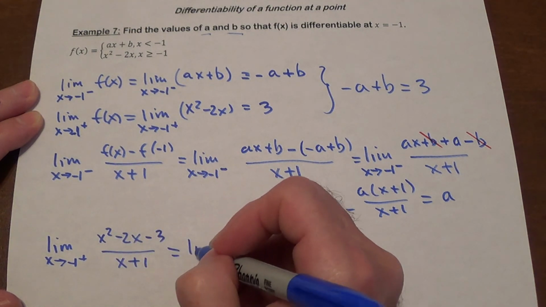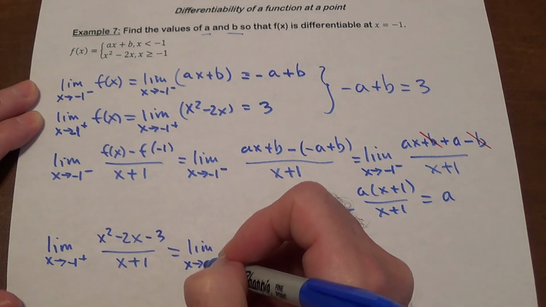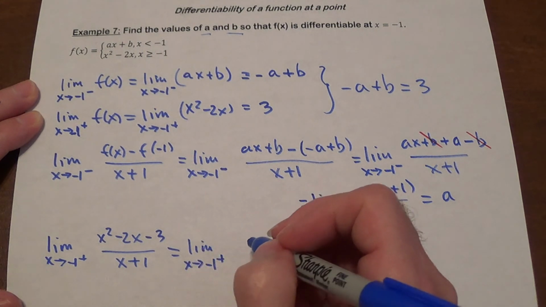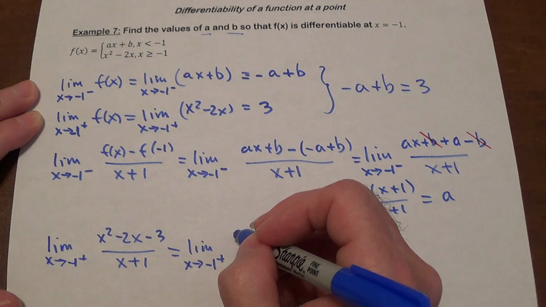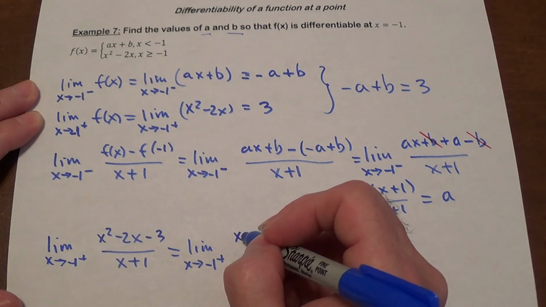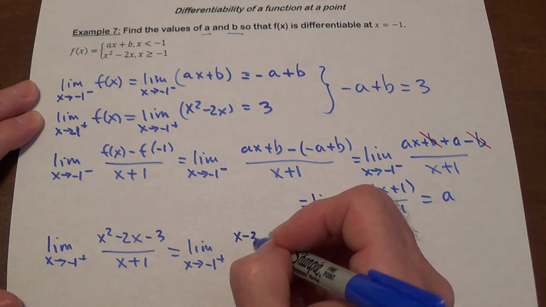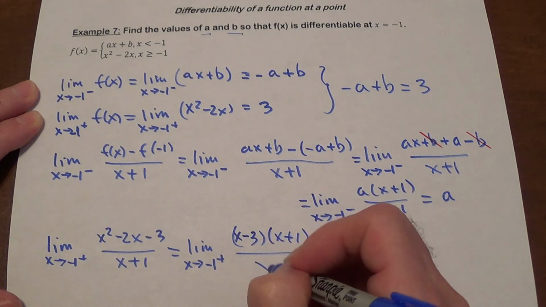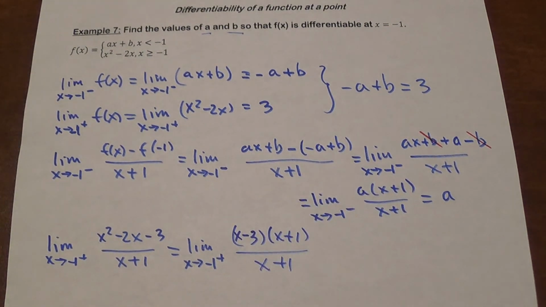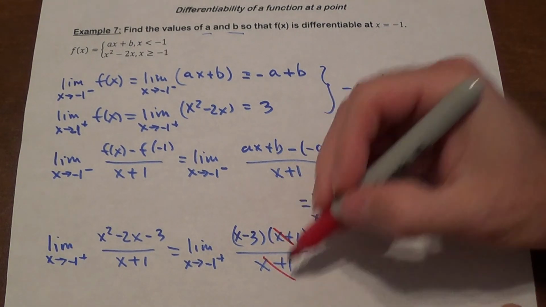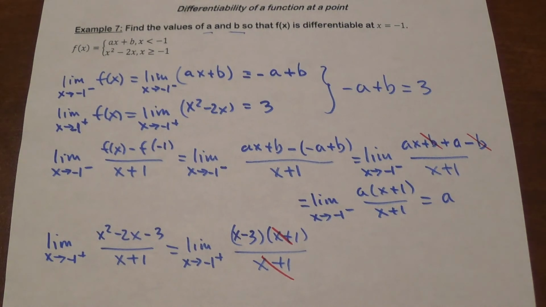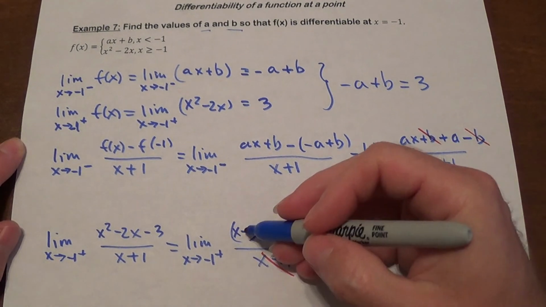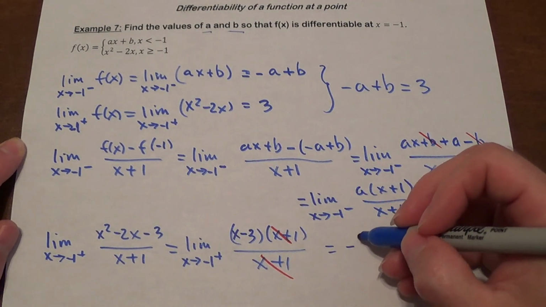That gives us the limit as x approaches negative 1 from the right of x minus 3 times x plus 1 over x plus 1. x plus 1 is going to cancel. And we are going to get negative 1 substituted in here. The answer is going to be negative 4.